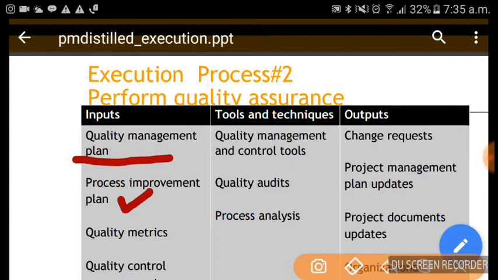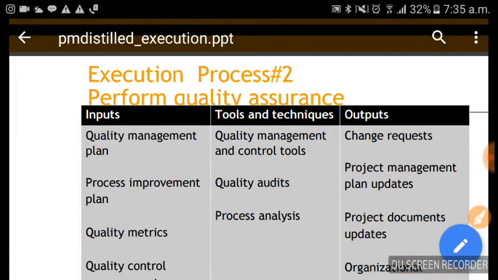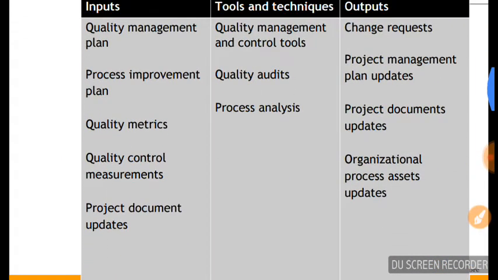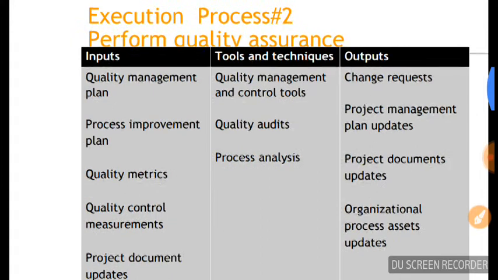Then we have the process improvement plan. Sometimes the existing processes may not allow us to achieve the desired quality levels, so in that case we need project-specific process improvement plans. Then quality metrics, quality control measurements, and project document updates come as inputs, not critical.